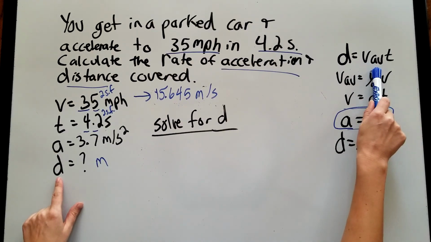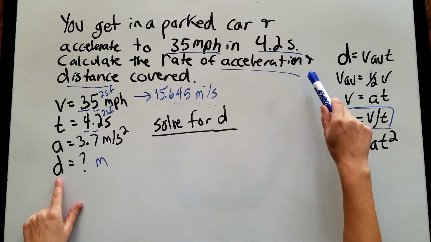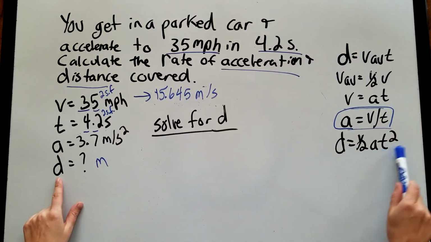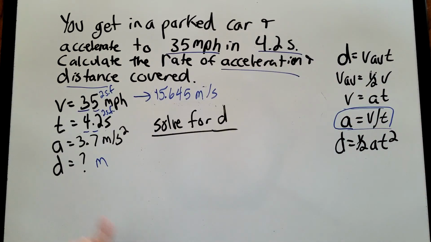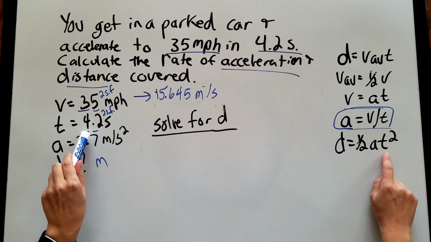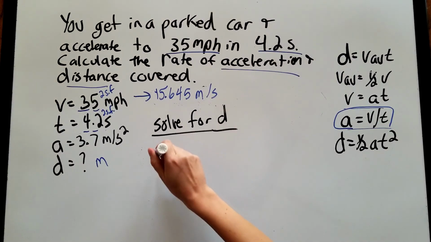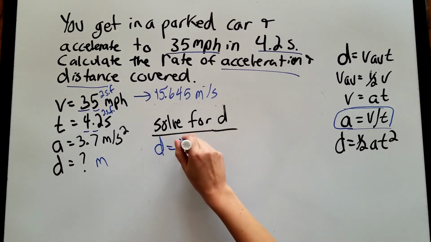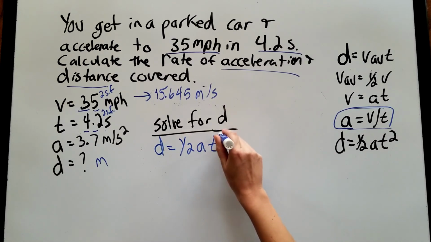We don't have average velocity. That's why that equation won't work. The only other equation with a d in it is this bottom guy here. And that one will work because we have acceleration, we just calculated it. And we also have time. It was given to us in the problem. So this is the equation I would like to use.